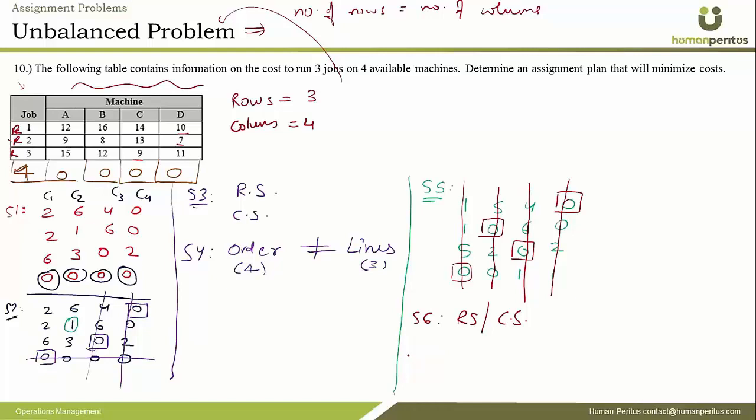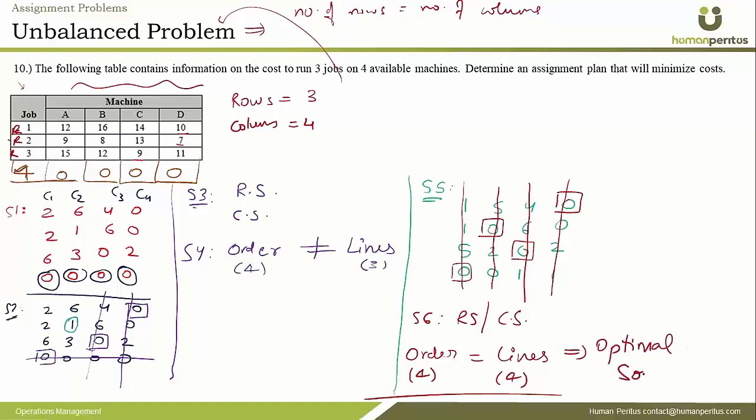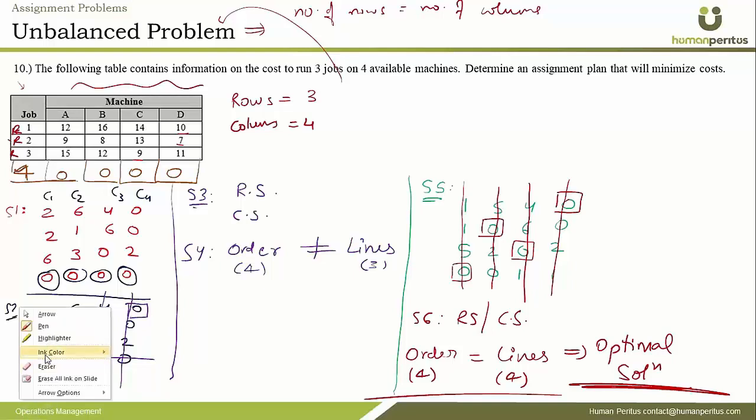So now what will I do? I will check the order of the matrix against the number of lines that have been drawn. As you can see, four is the order of the matrix, and the number of lines that I have drawn is 4. So the optimal solution has been reached, and we have assigned all the jobs to the particular machines. Okay, so what would be my answer?